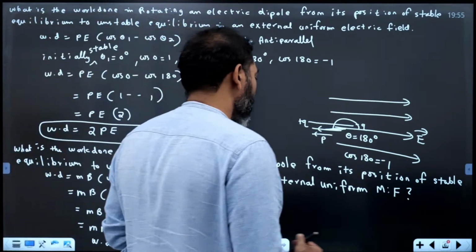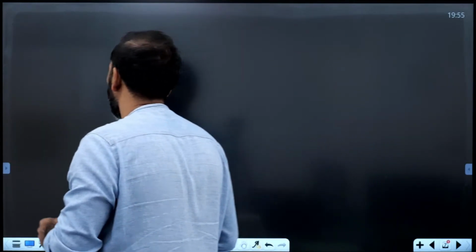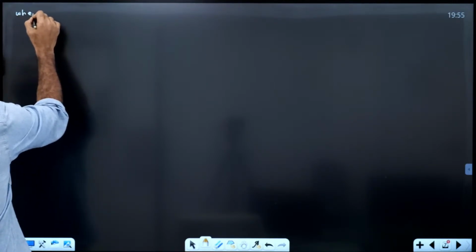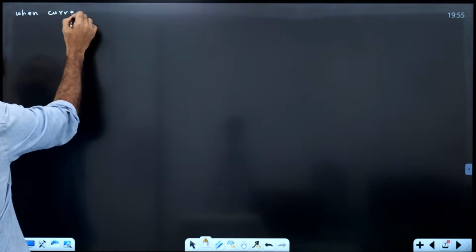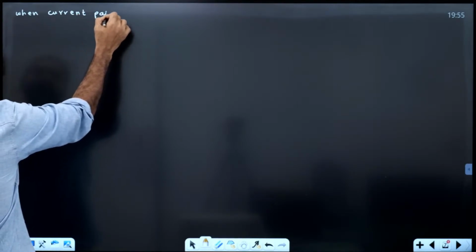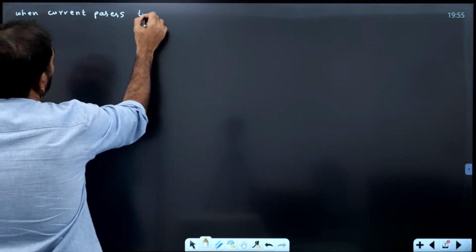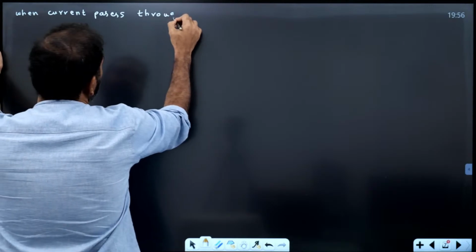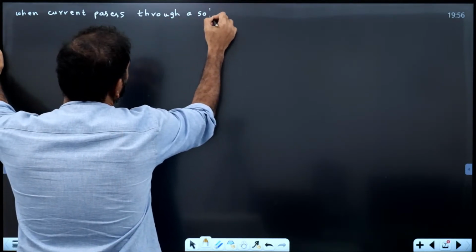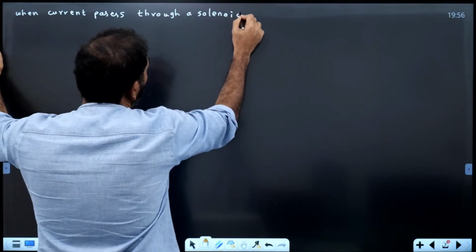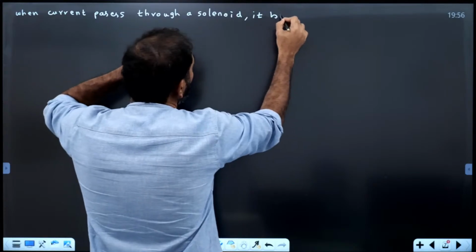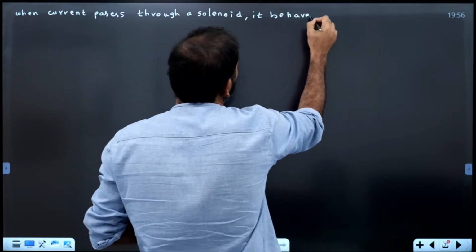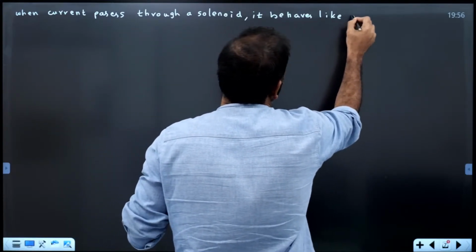I hope there is no doubt. Now, when current passes through a solenoid, we know that it behaves like a bar magnet.